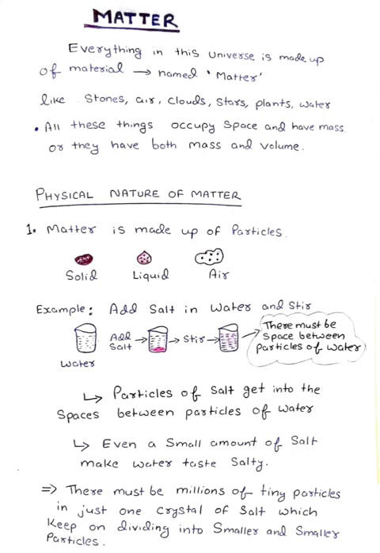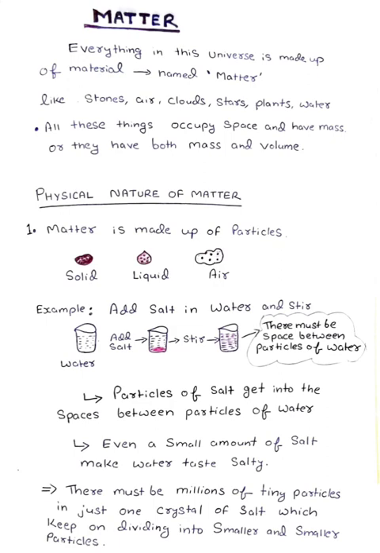Physical nature of the matter. What is the physical nature of the matter? First property, you can say that matter is made up of particles. Matter has billions and millions of tiny particles in it.